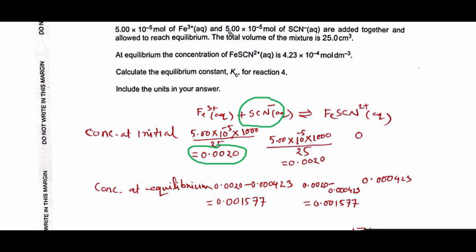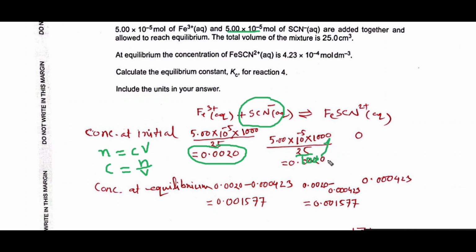Number of mole, n equals Cv. So C will be n by V, number of mole divided by volume. 25 divided by 1000, so 1000 goes off.